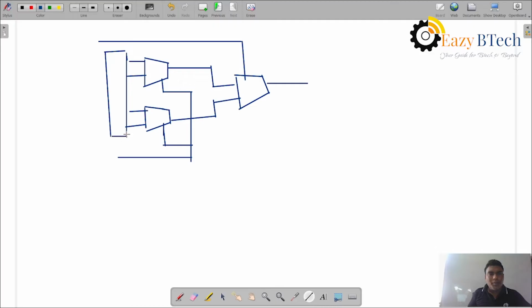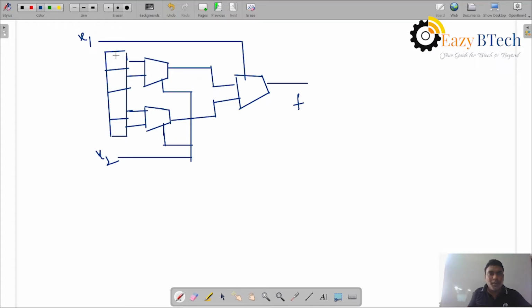So according to the table, what is the data stored? X1 and X2 are inputs, and this is the functional output.